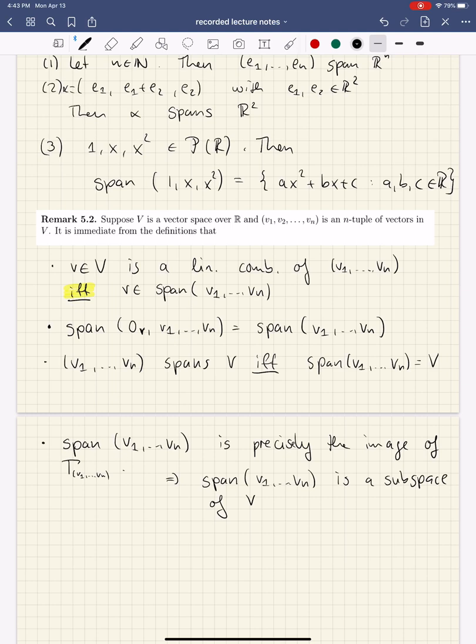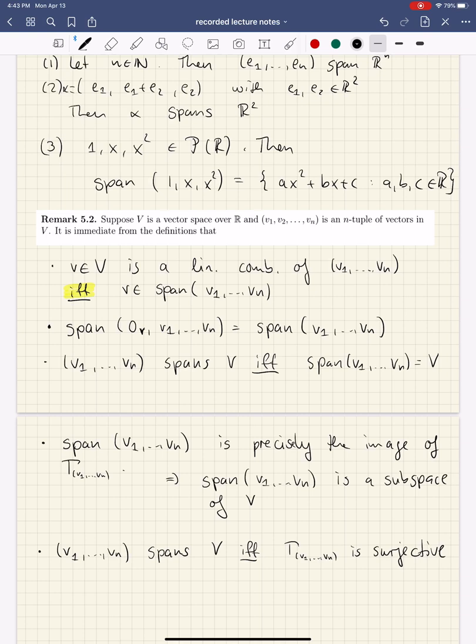Okay, and last but not least, it kind of goes back to the one before and generalizes something. So this spans V if and only if gamma of v1 through vn is surjective.